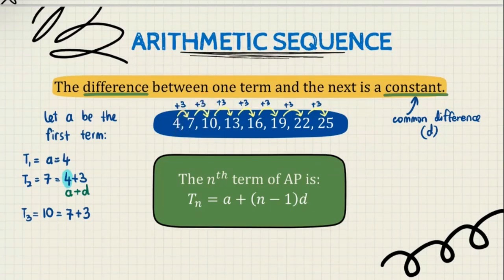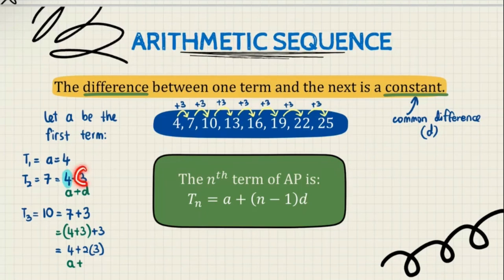So 7 ini dia datangnya daripada mana? 7 tadi kalau kita kira daripada atas ni lah kan, it is actually 4 plus 3 plus 3. So I get 4 plus twice of 3. So kalau rewrite back in terms of a dengan d, 4 ini merujuk kepada a, plus 3 ini adalah kita punya d.